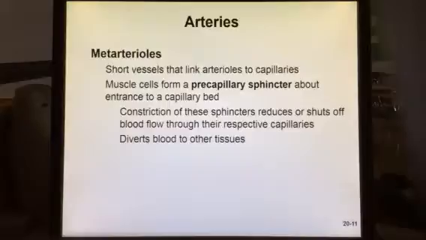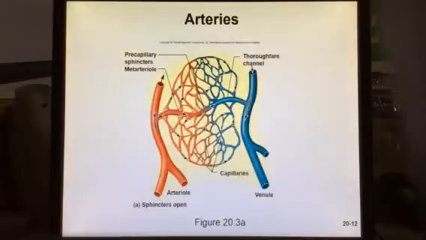When they're closed, the blood is diverted and goes to other tissues. And there's a picture of, on the left, the arteriole, and then those little branches are the capillaries, and then those little round circles are those precapillary sphincters, and that is what is opening and closing to allow blood into or not into the capillaries.